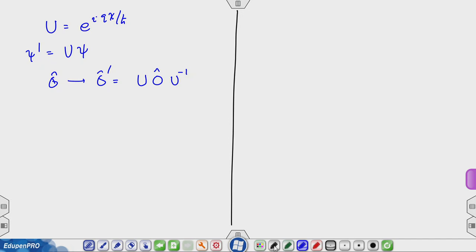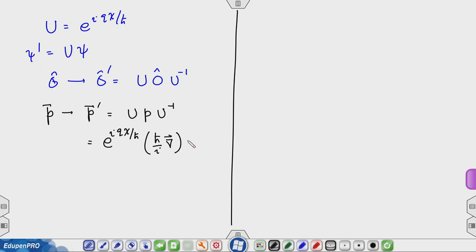And therefore, the momentum operator P will go to P prime, which is U P U inverse, which is nothing but e raised to i q chi over h cross, P is h cross over i grad, U inverse, e raised to minus i q chi over h cross. Notice this is a differential operator. So, this is going to act twice.